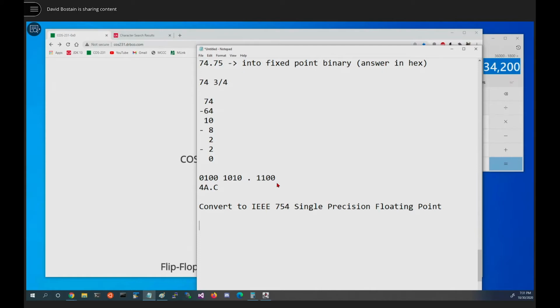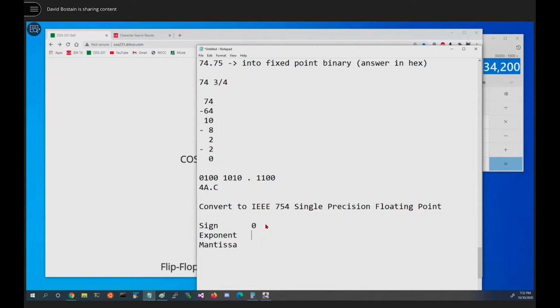So we need 3 pieces of information. We need enough to be able to create a sign bit. We need something to be able to create an exponent. And we need to be able to create the mantissa or characteristic. Sign is easy, right? Is this a positive or a negative number? It's positive. So the sign is going to be encoded as a 0.